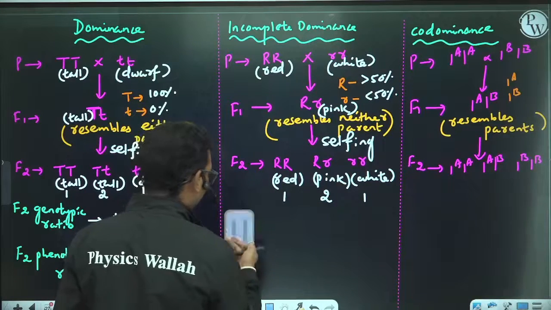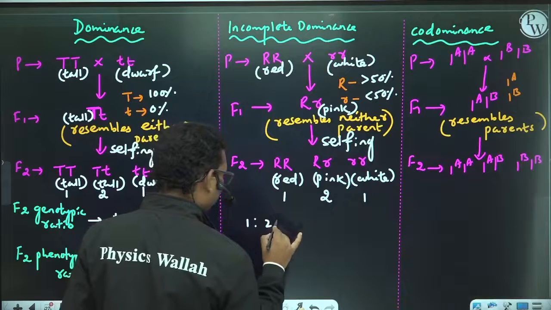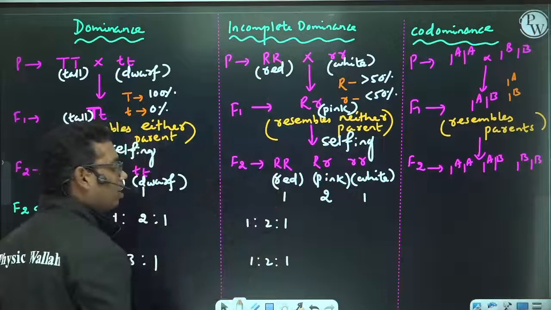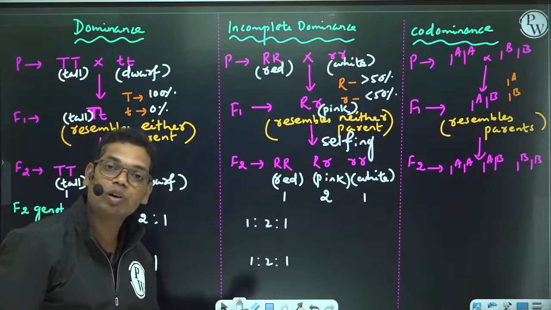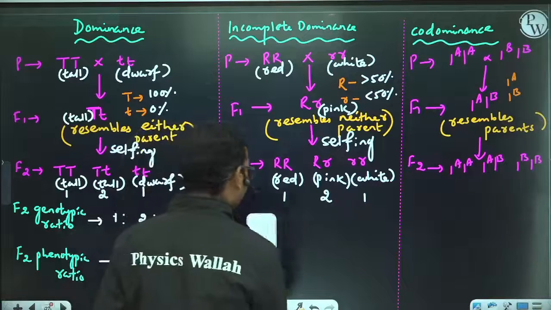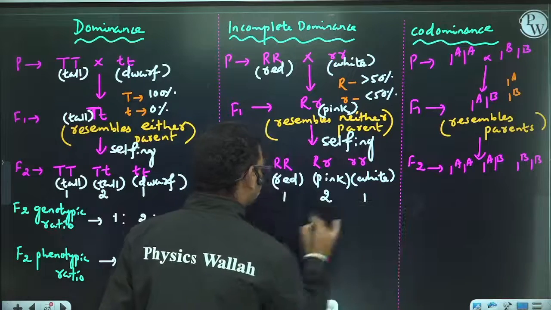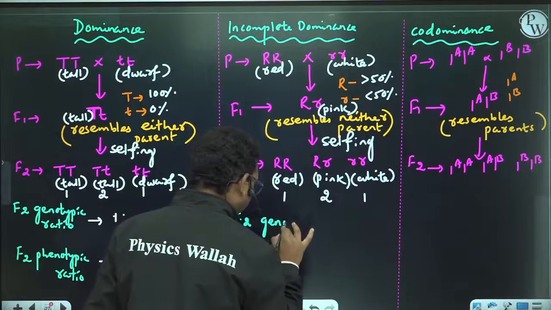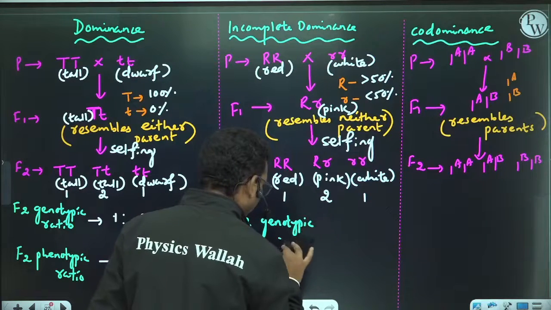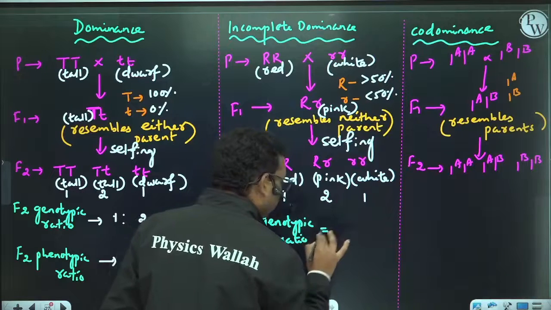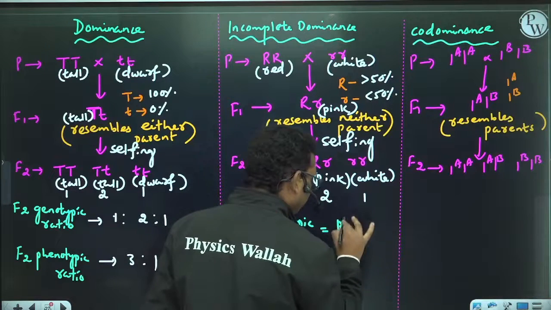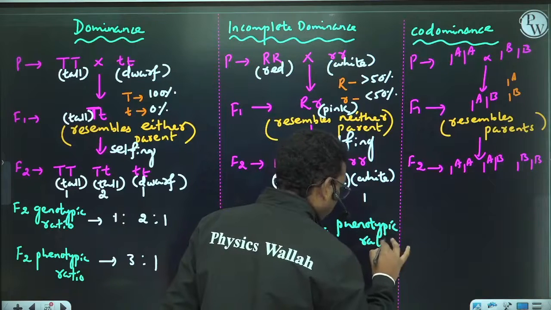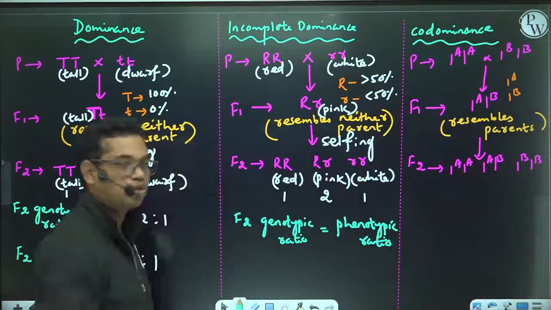Phenotypic ratio is also 1:2:1. That means I can say in case of incomplete dominance, genotypic ratio and phenotypic ratio are same. So I can say here F2 genotypic ratio is equal to phenotypic ratio, and that is 1:2:1.